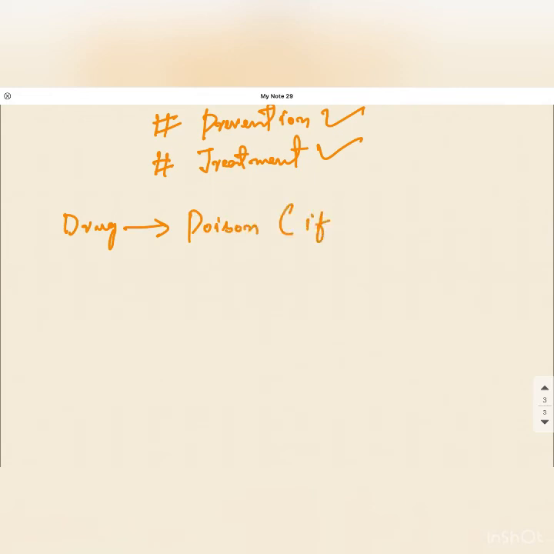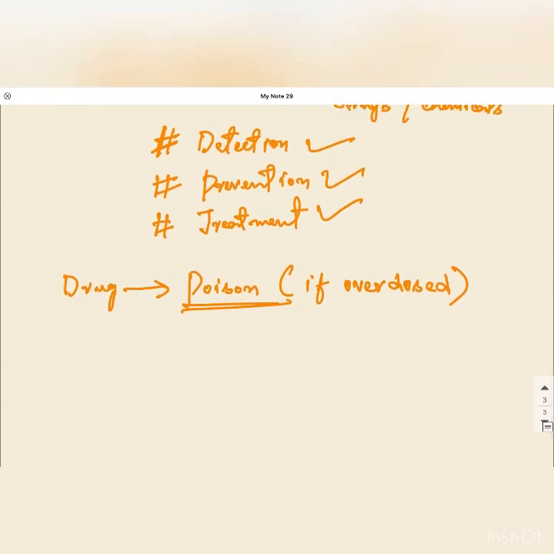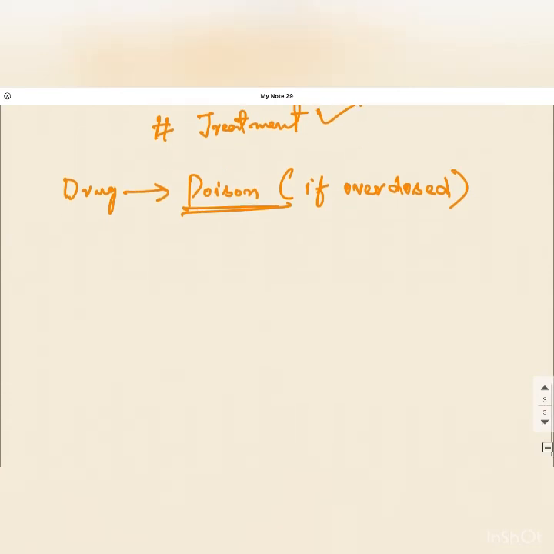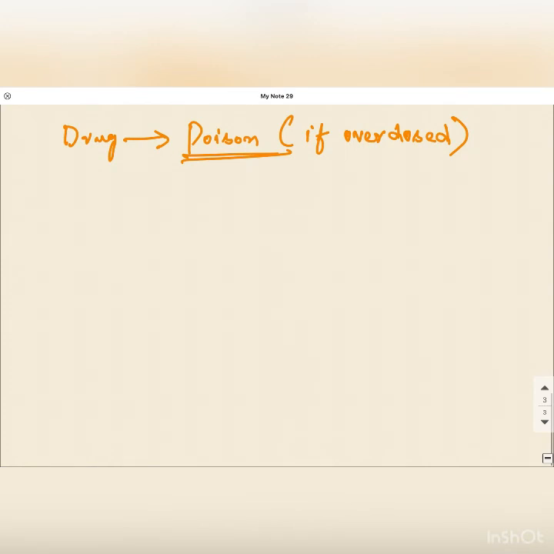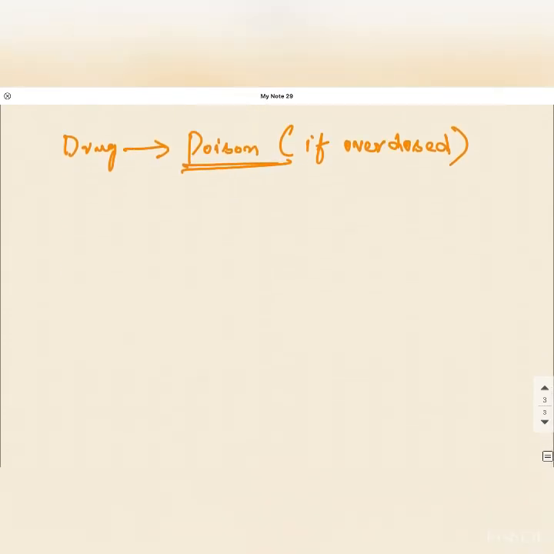Or we can say if any kind of drug is overdosed, it eventually affects the health, that it turns into poison. So these things also come under the heading of toxicology. This is one of the most important branches of toxicology. I guess these are very short definitions that I have told you. It will not require any rocket science to understand.